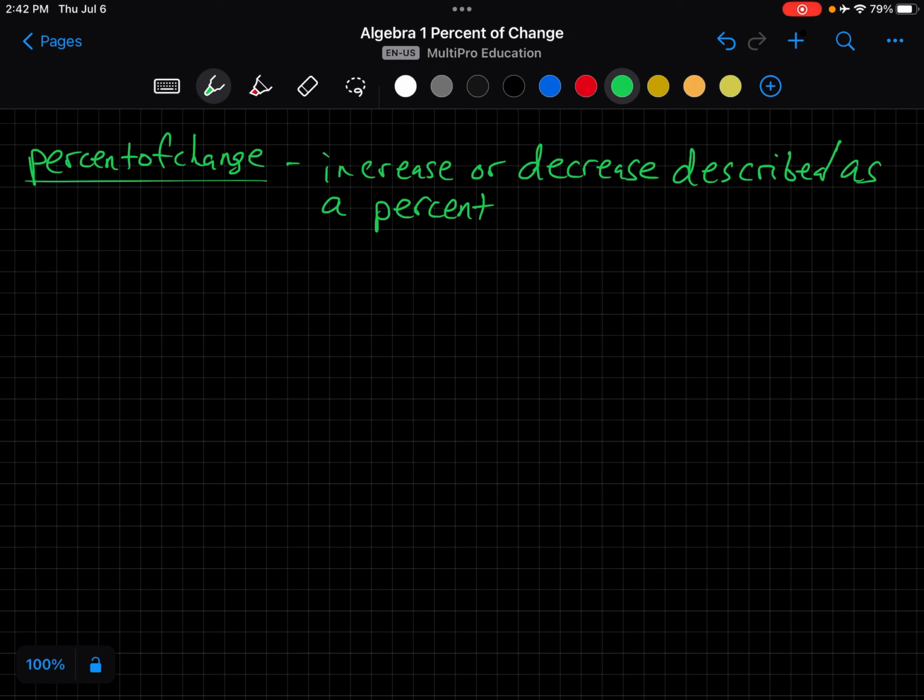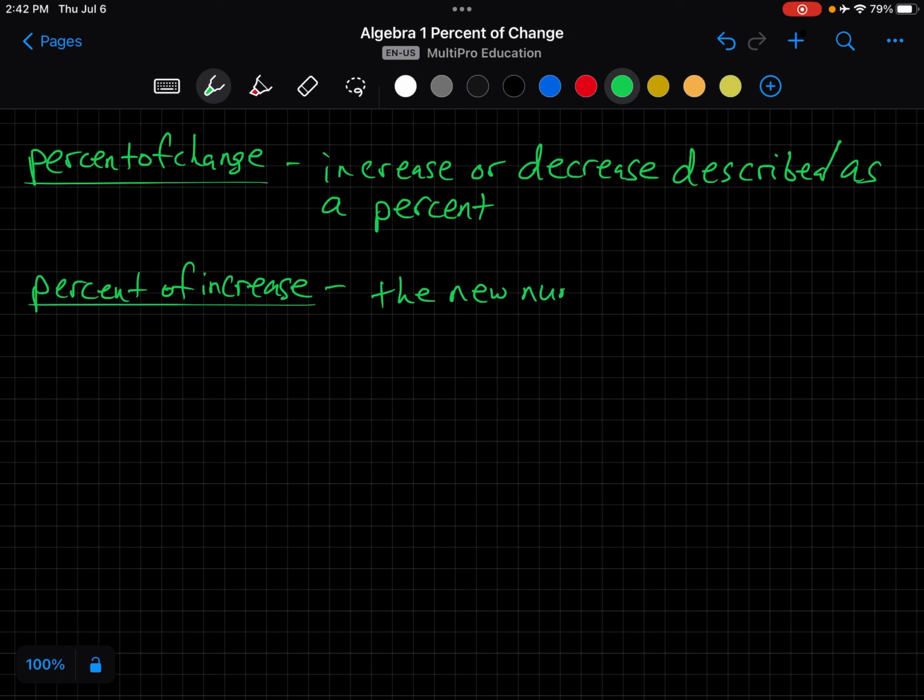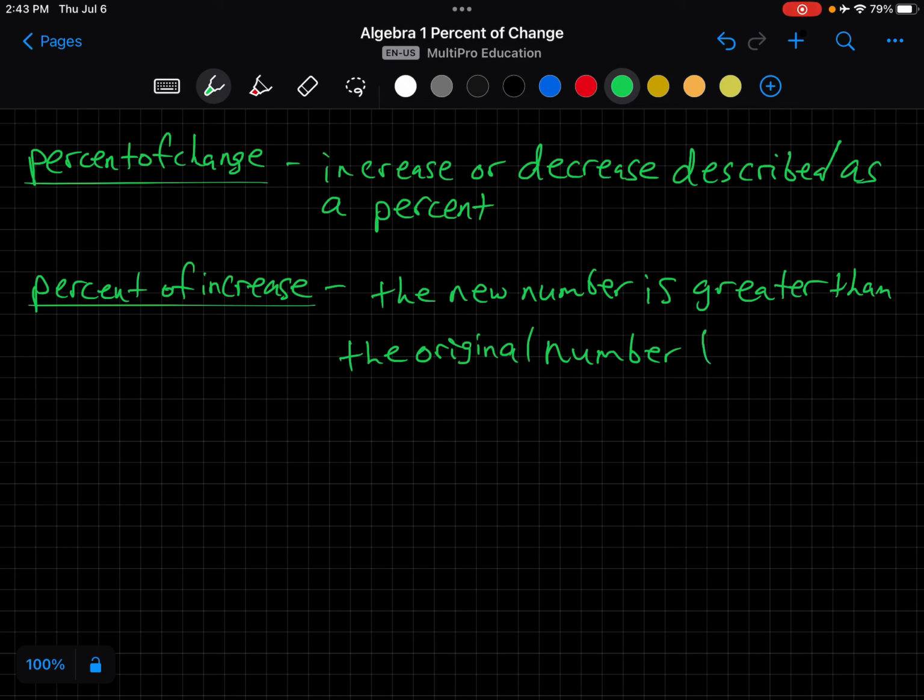Now, let's look at percent of increase. What is that? Well, this is when the new number is greater than the original number by this percent.